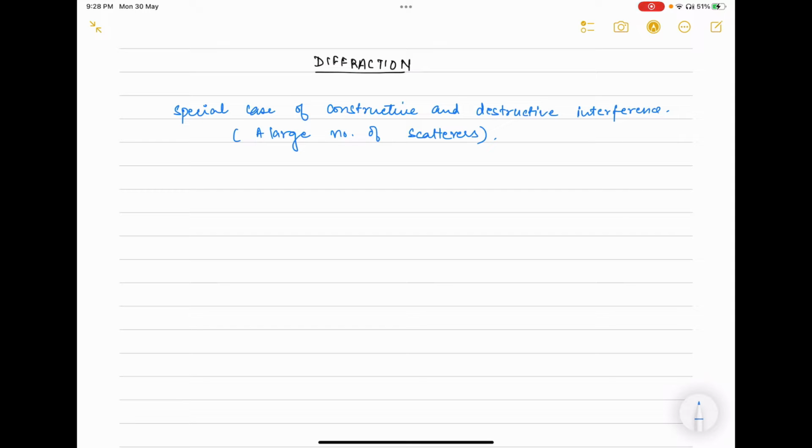Diffraction sometimes seems a mysterious phenomenon which is difficult to understand.